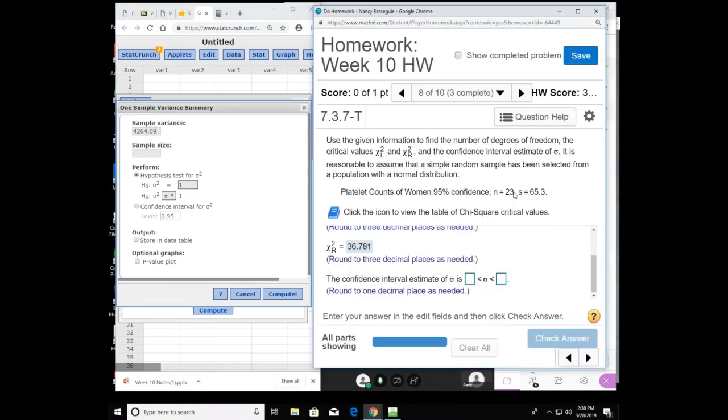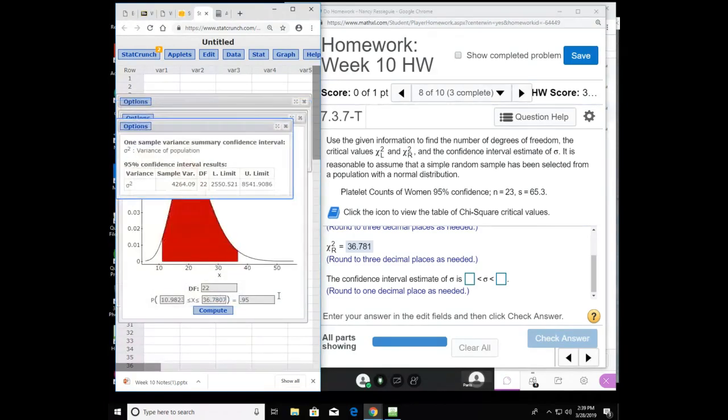The N is the sample size. So that's going to be 23 for mine. And then I'm looking for a confidence interval, and it's asking on mine for 95%. So I just need to square my standard deviation and then put in my sample size, the N, do the confidence interval. And then what it's giving me for these is the lower limit and upper limit for the variance.